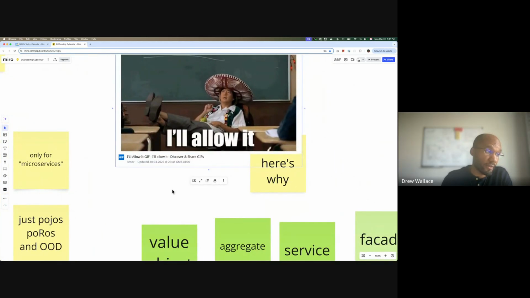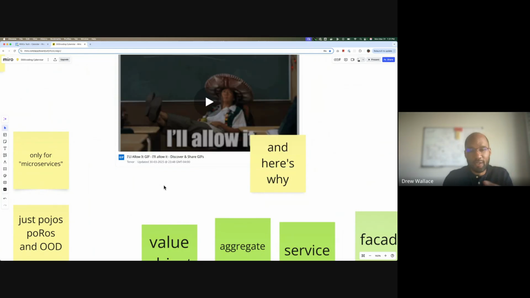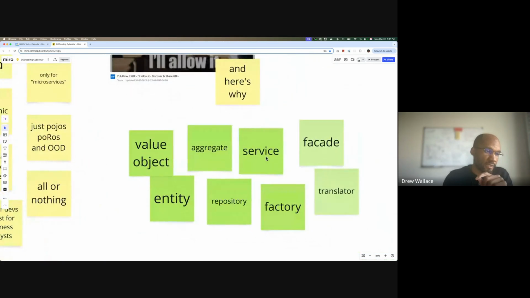And here's why, because that goes against the whole be strict about your definitions. But here's why, and this is a sneak peek into when we get into tactical DDD. Value object, aggregate, service, facade.